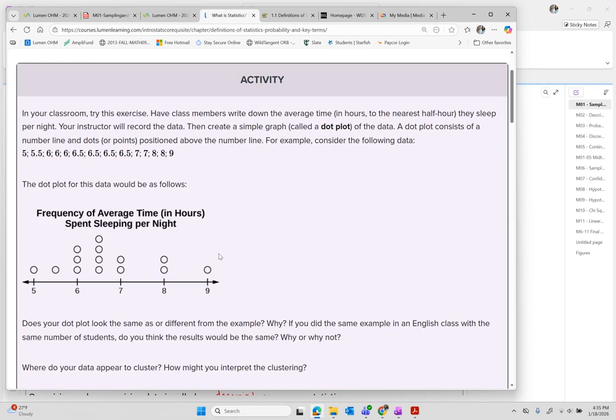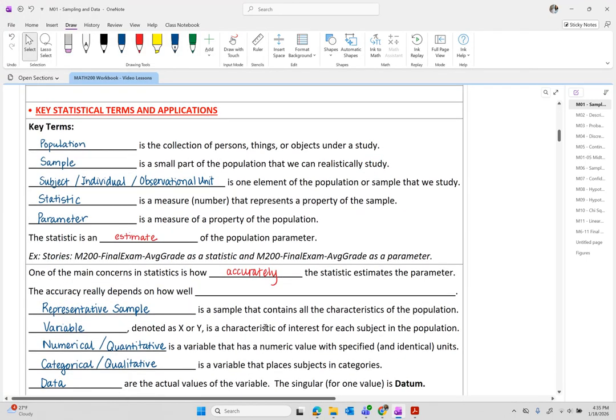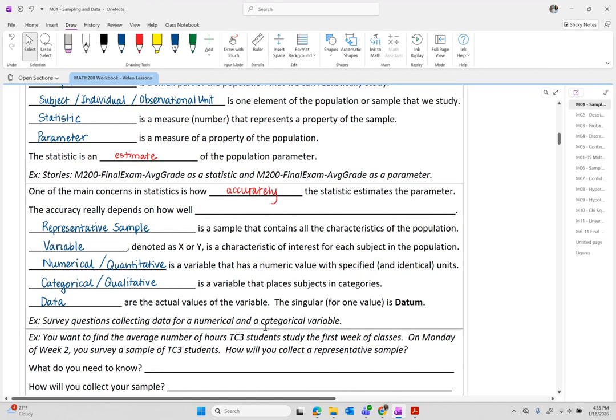We can understand that the two averages will be different. Are we picking from the same population? Are we selecting the students well? Do we have a good sample? Do we have good data? The accuracy really depends on how well the sample represents the population.